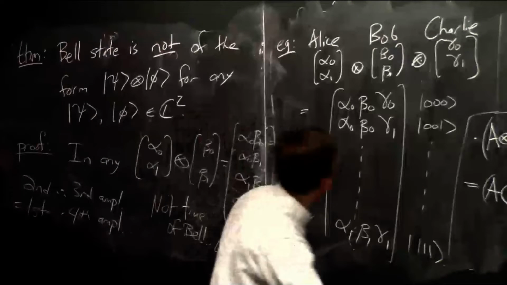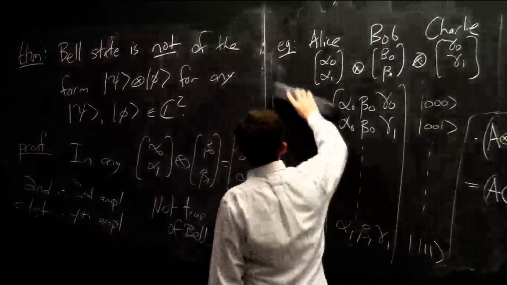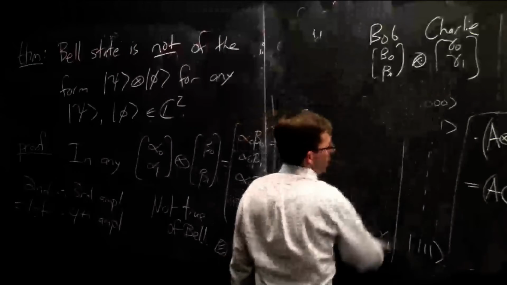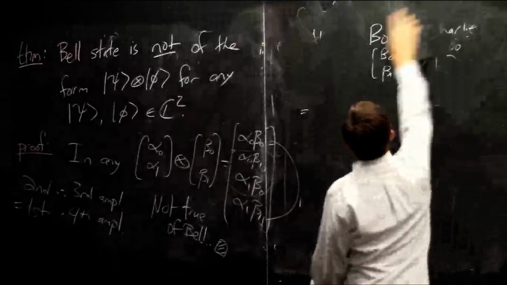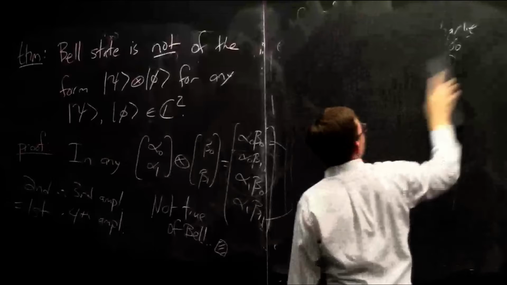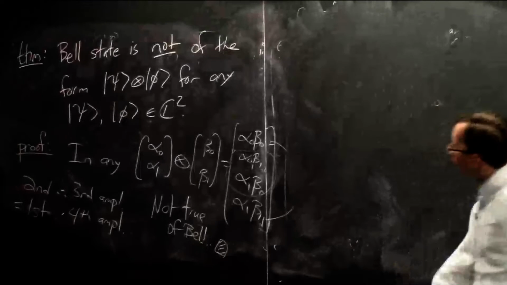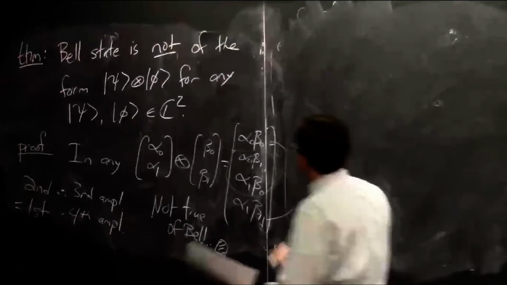Okay. So in fact, we make a definition for this kind of state. This kind of multi-qubit state, in particular, for this kind of 2-qubit state. So let me just circle part of this.